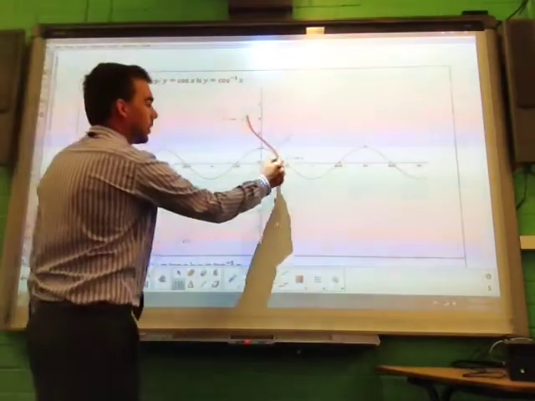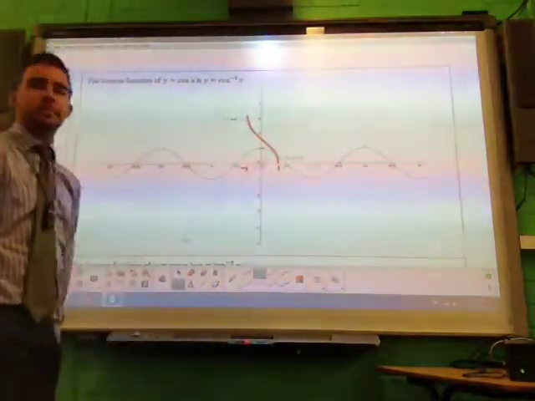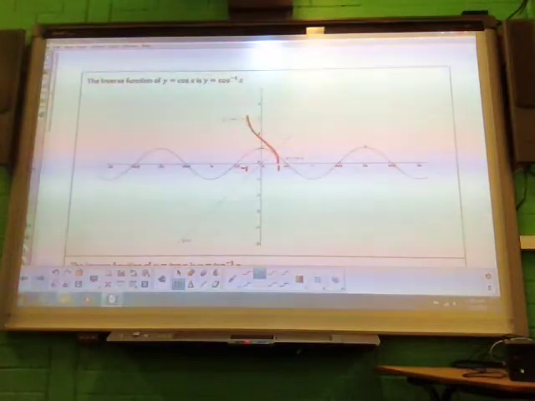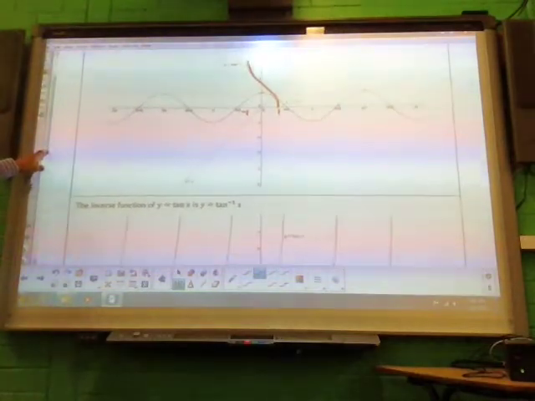This is going to be 1 and this is -1 on here. So we fold it over and we have the inverse function for cos. The inverse function is just a reflection on the line y equals x.